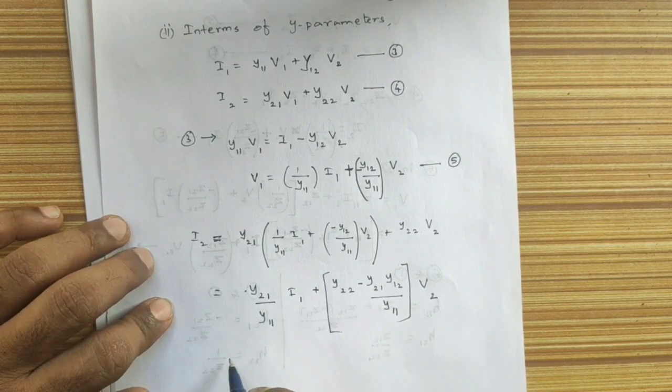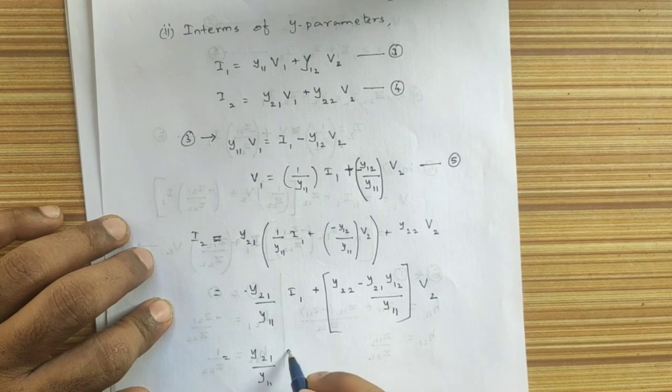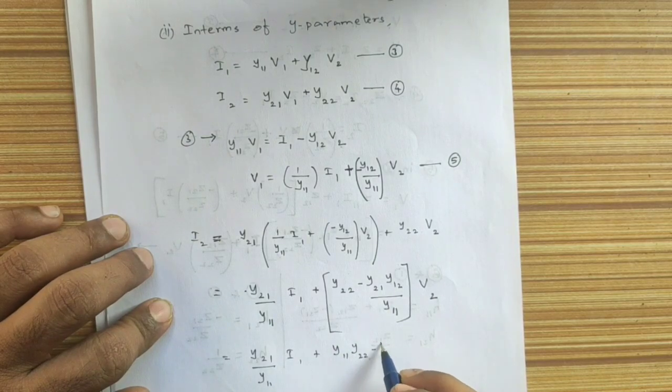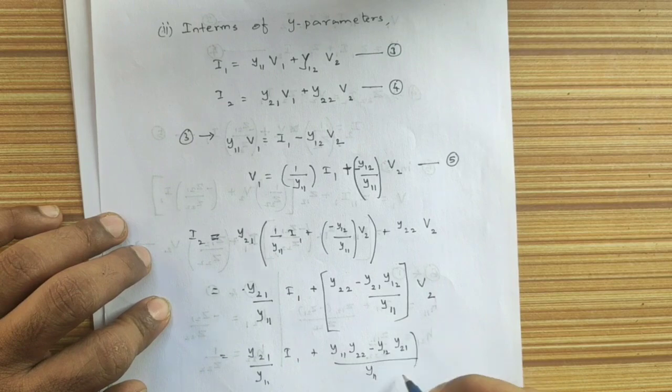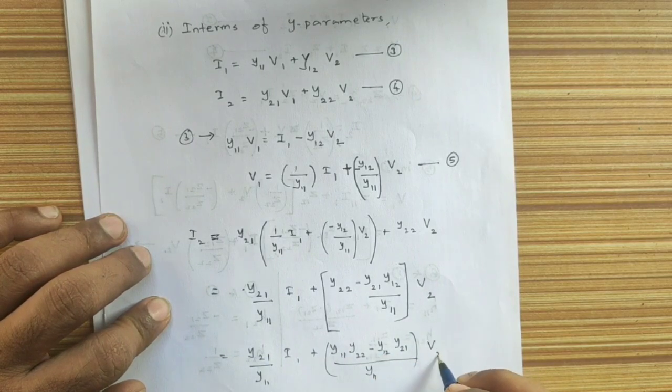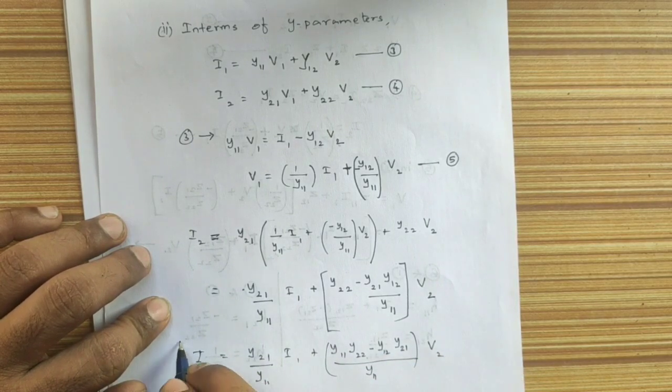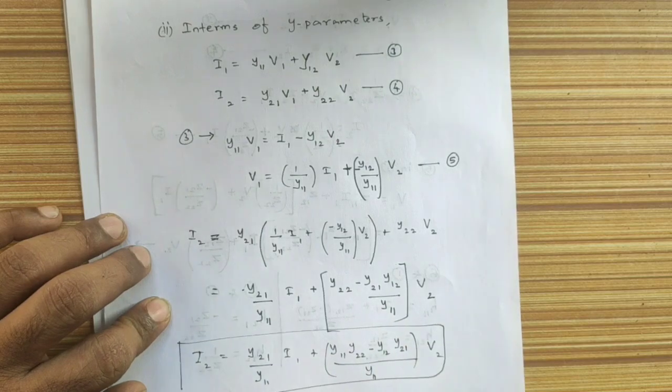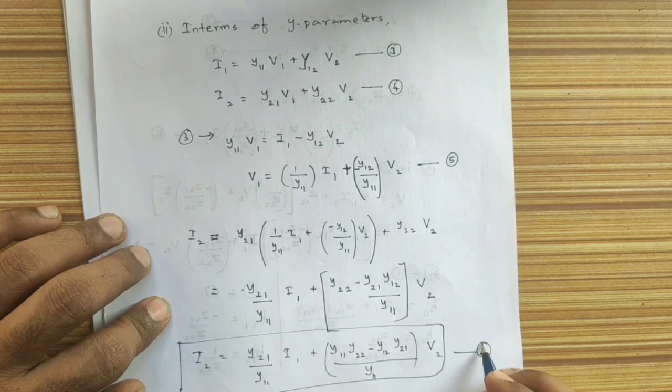If I do the cross multiplication, I will get this equation as Y21 divided by Y11 I1 plus Y11 Y22 minus Y12 Y21 whole divided by Y11. This is the coefficient of V2. Now this is equation number 6.